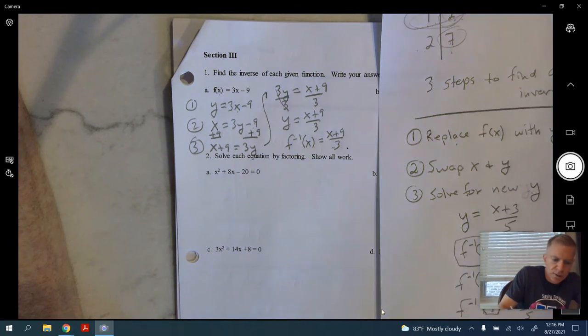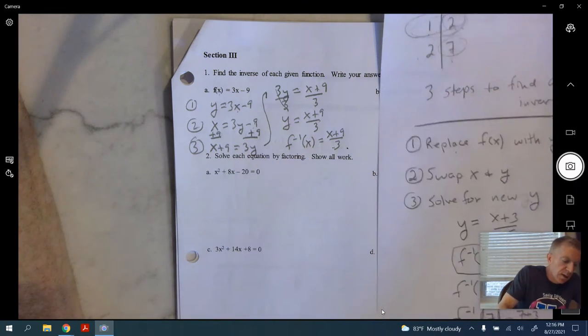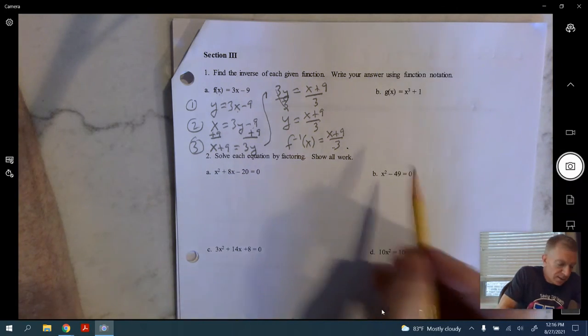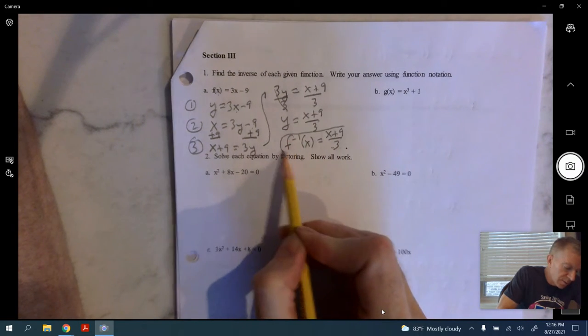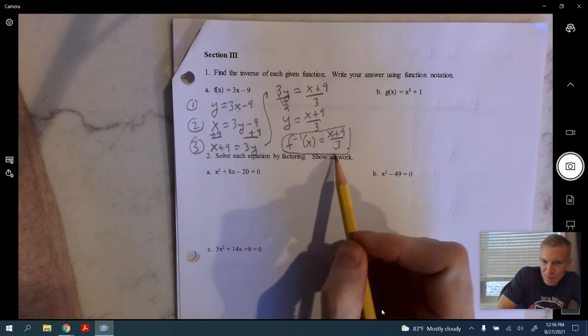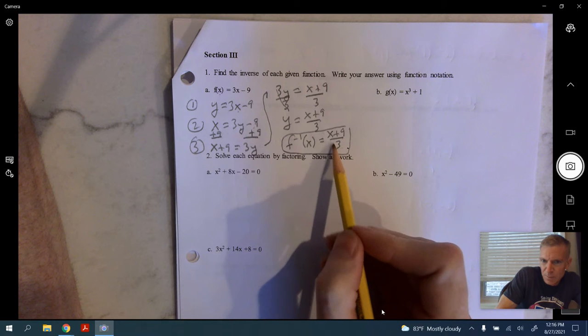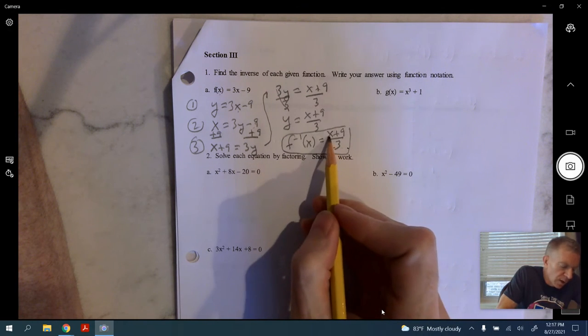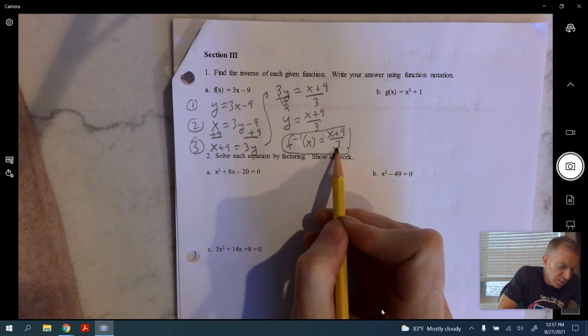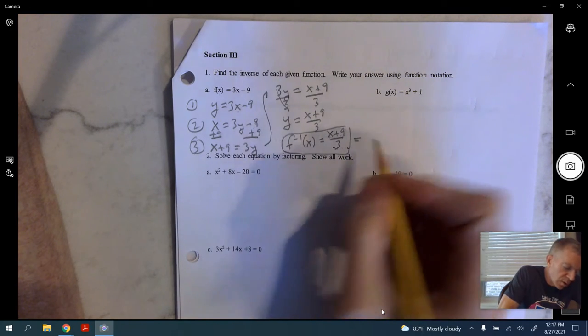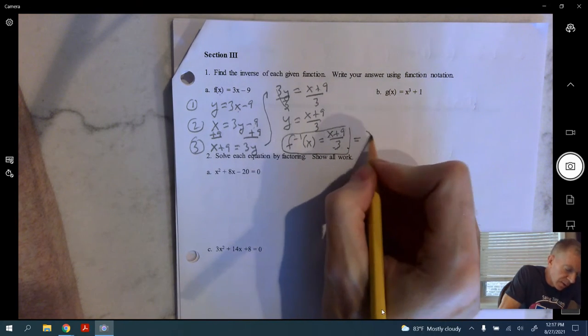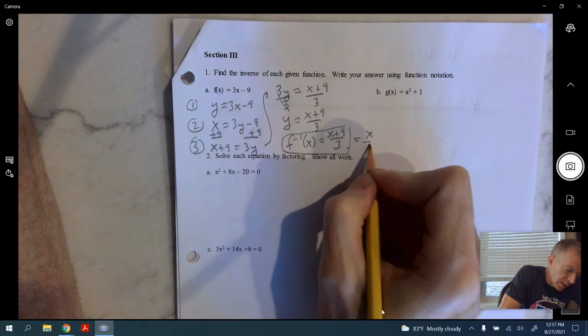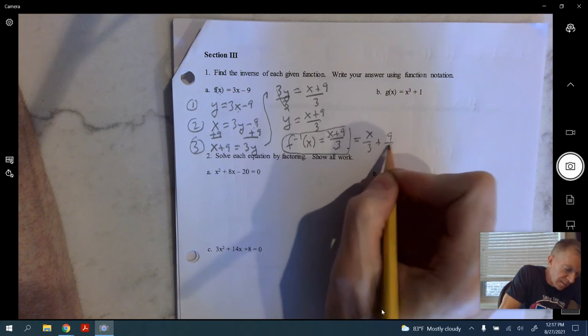Okay, so we just followed these 3 steps. Now, when you do the Delta Math, sometimes it's multiple choice, and sometimes you won't see this exact answer. Sometimes they have a different form. Sometimes they simplify it differently. If you have a sum of 2 terms divided by 3, you can also take each term and divide by 3. You can call that x divided by 3 plus 9 divided by 3.